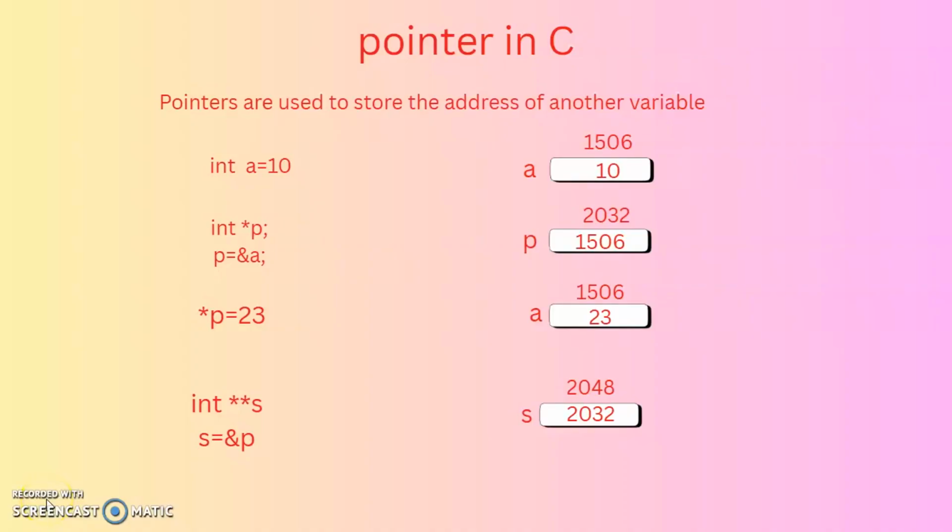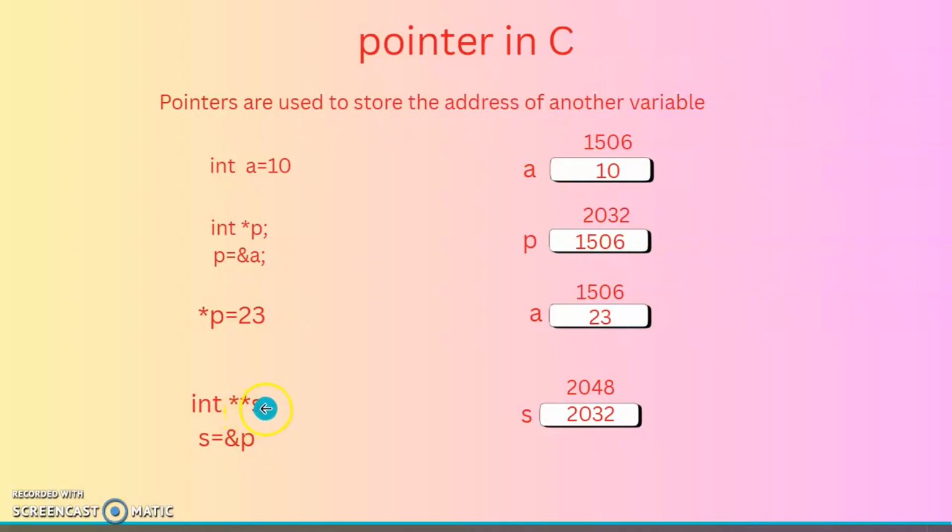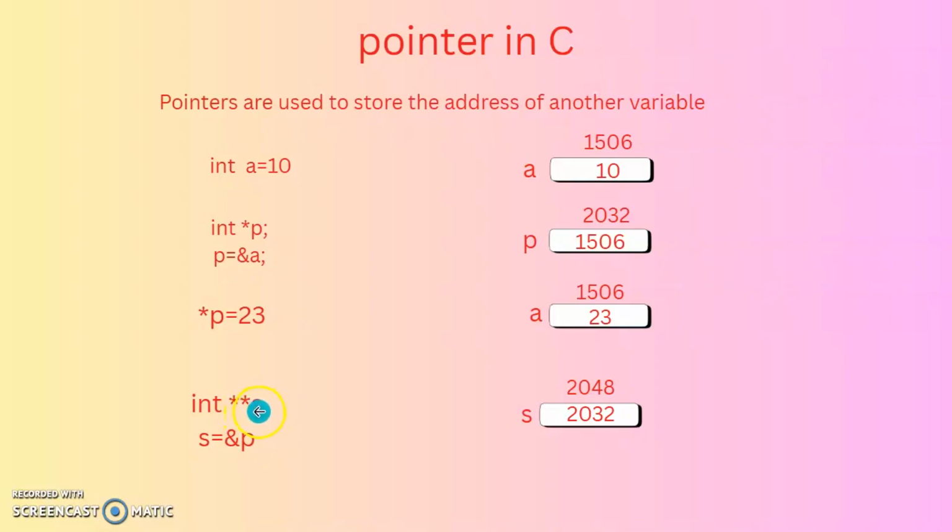Listen here, by using two asterisks and a variable name, it means that s is a pointer to another pointer variable. That means s will have the address of another pointer variable to integer data type.